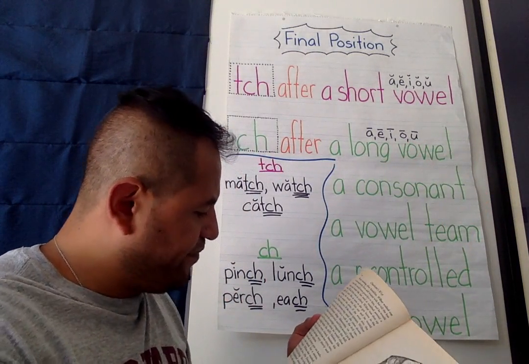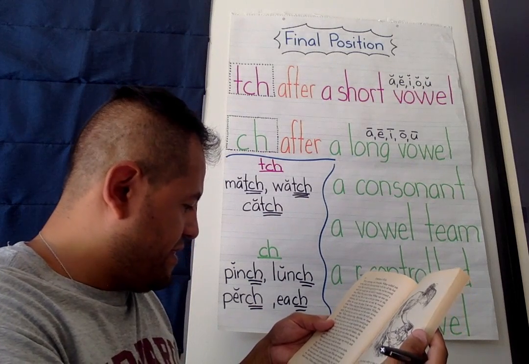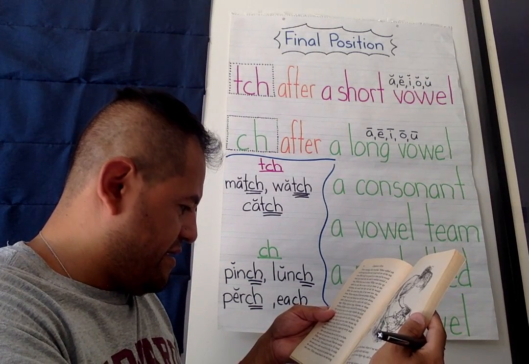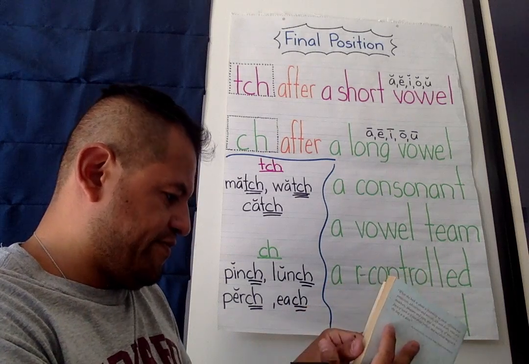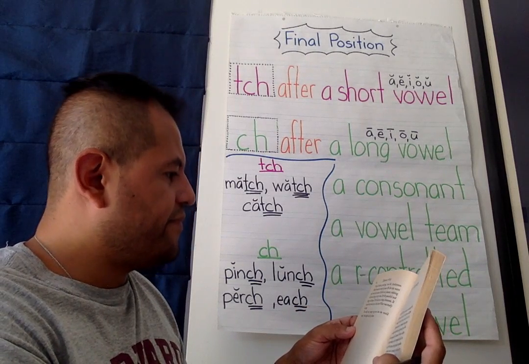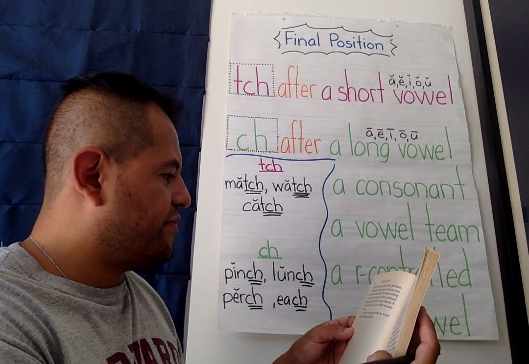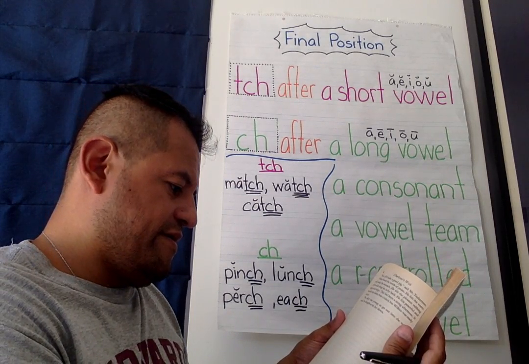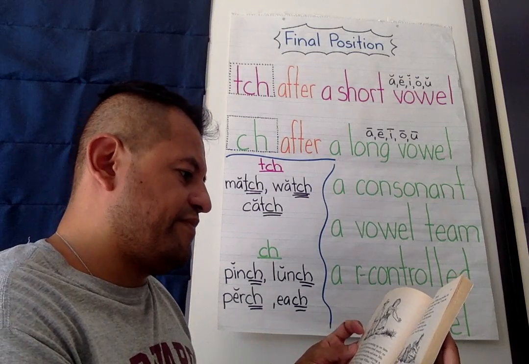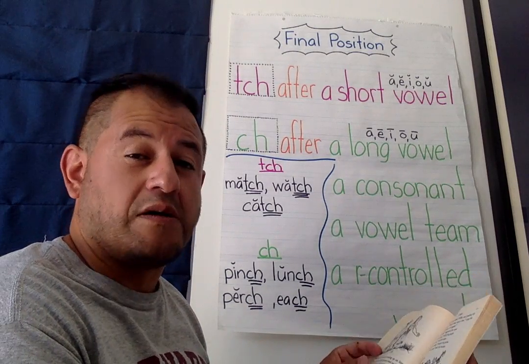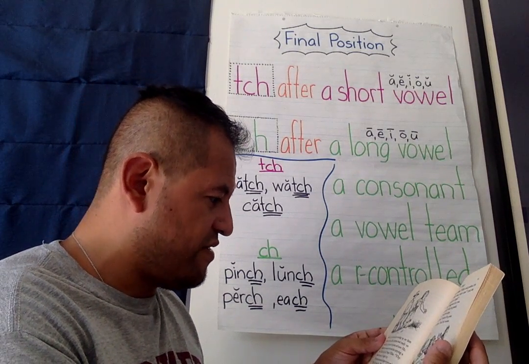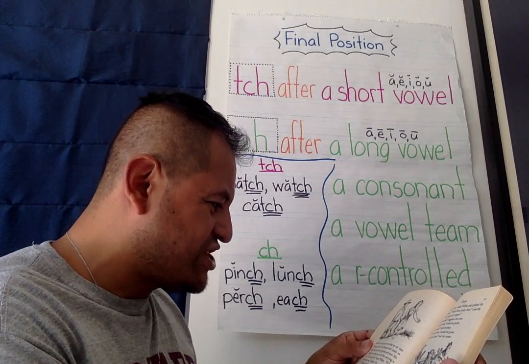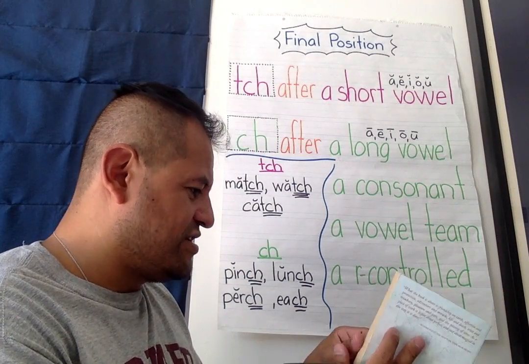So what I'm doing right now is I'm just using my eye arrows to look around the page for the TCH and the CH.